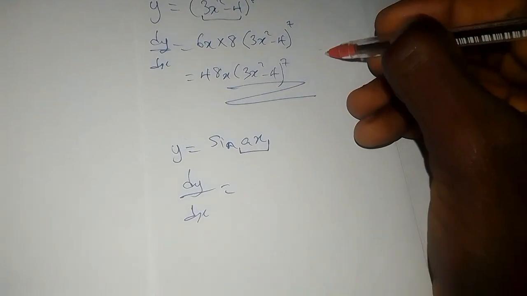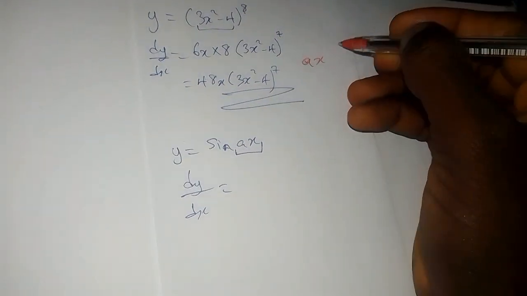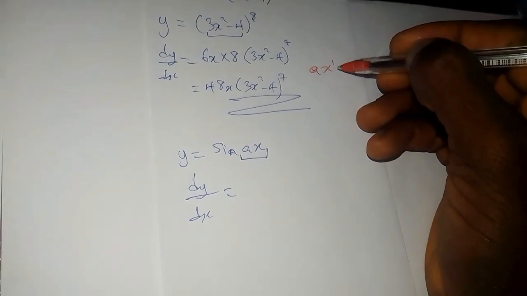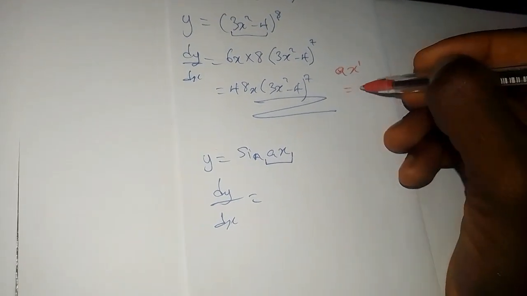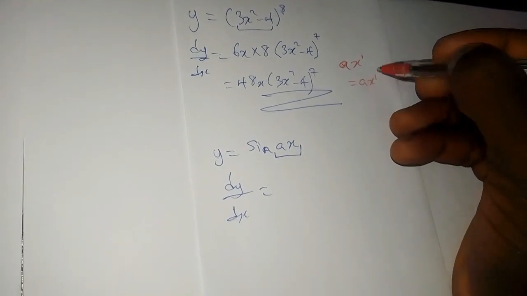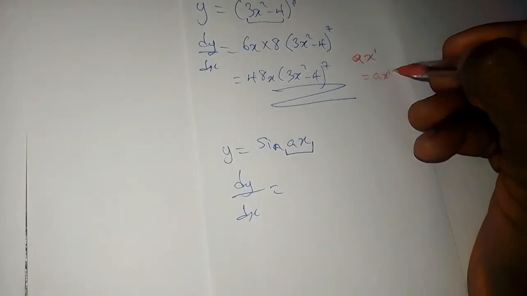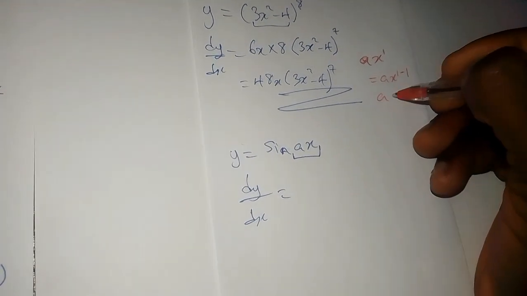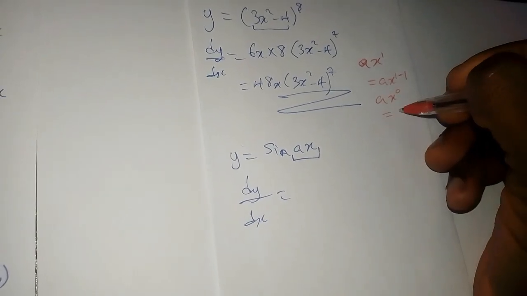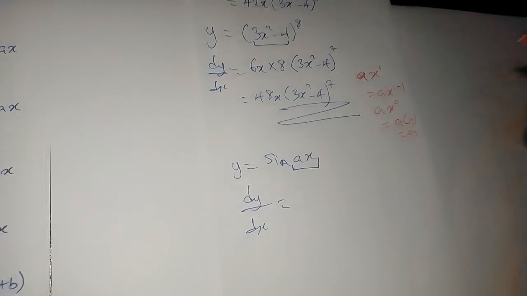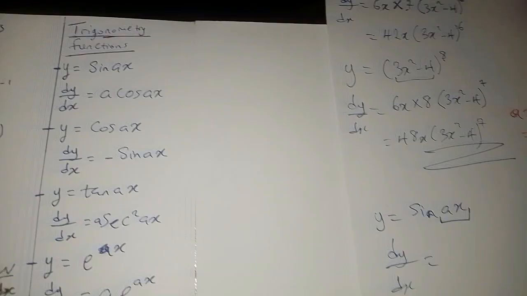Remember, if you differentiate ax from first principle, that's ax raised to power 1, this 1 will come to the back, and 1 minus 1 gives ax raised to power 0, which equals a into bracket 1, and that equals a. That's why they got this a that you can see in front of this place.